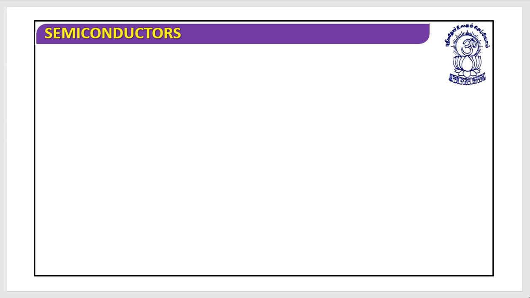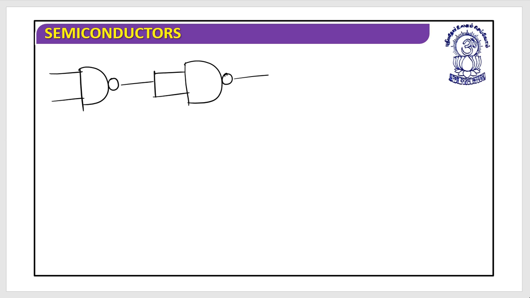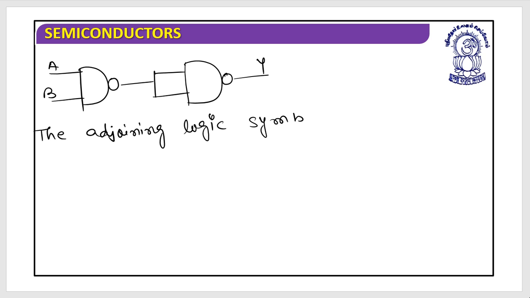Let's have a look. The question is something like this. This is A, this is B, this is Y. They said the adjoining logic symbol is equivalent to what?